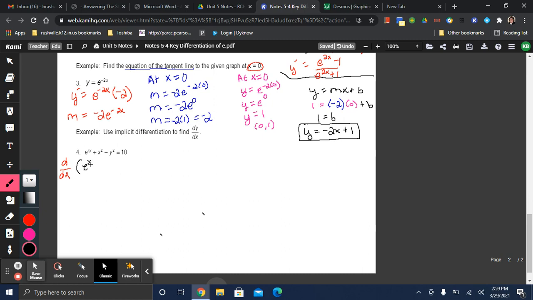So e to the xy plus x squared minus y squared equals 10. We're going to do the derivative with respect to x of each term. So I think I'm actually going to show that to you, the derivative with respect to x of e to the xy.